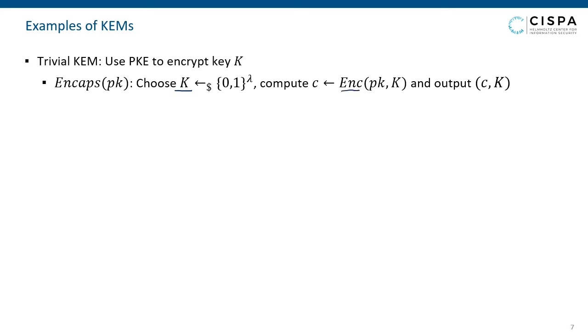And then we output the ciphertext C and the key K. To decapsulate, just compute and output the decryption of the ciphertext C.